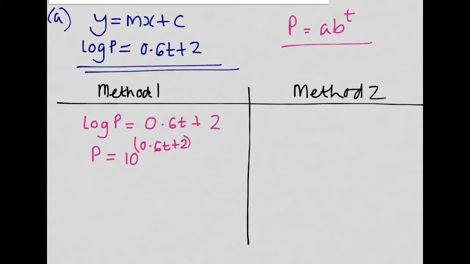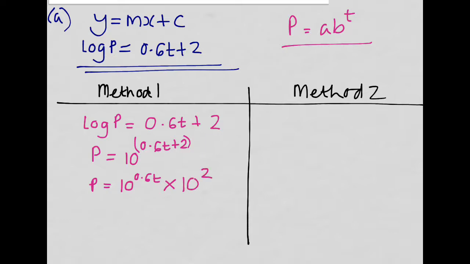All of that is a power. Now, if you remember, when powers are adding, what they're actually doing is multiplying. So that would be the same as 10 to the 0.6t times 10 to the power 2.